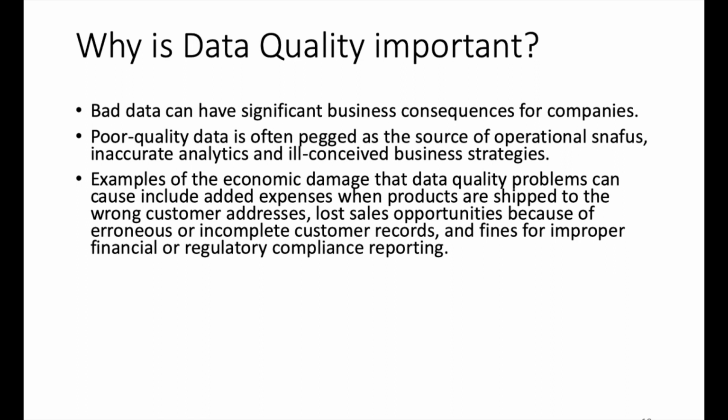If the customer experienced a wrong shipment, they were probably not going to order from you again. So that would also create lost sales opportunities, or customers will cancel the order. Let's say I ordered something and it didn't arrive because it went to the wrong place.